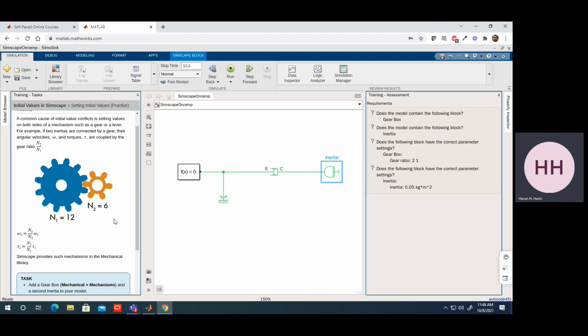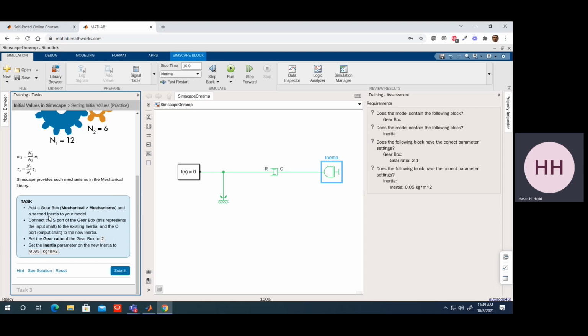Like if you have a system connected to the orange gear and the blue, they don't have the same speed, right? Because you have a gear ratio. For example, if two inertias are connected by a gear, their angular velocity and torque are coupled, so they are dependent on each other by the gear ratio, coupled by the gear ratio N2 over N1, as per below, which we are familiar with.